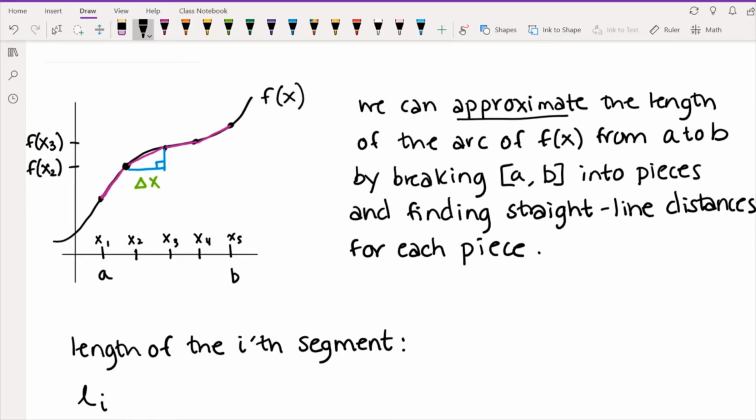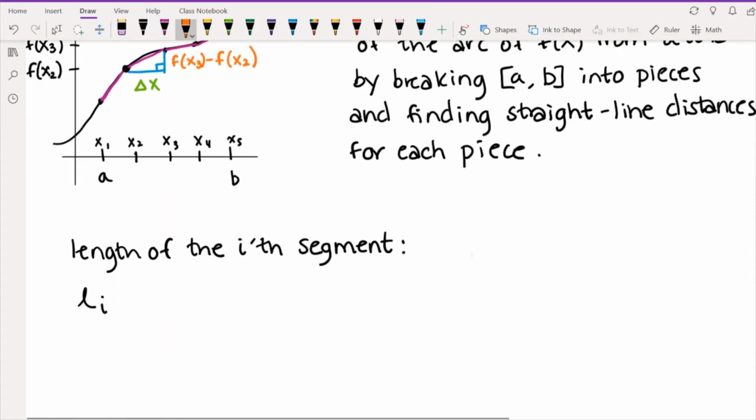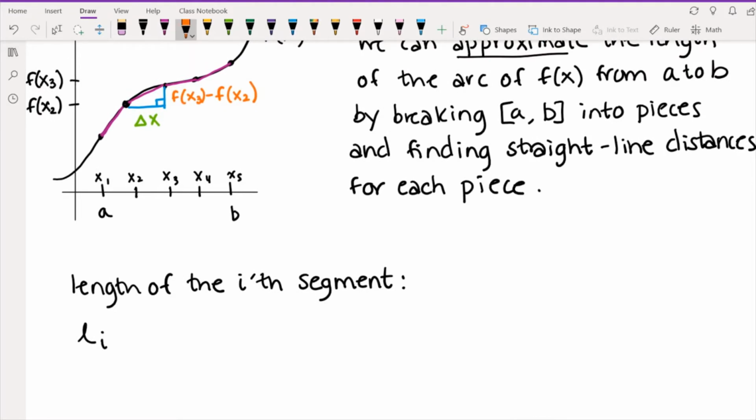So that means the vertical side of this triangle would be f of x3 minus f of x2, right? And how would we find the part we're actually looking for, the straight line distance between these two highlighted points? Well, we could just apply the Pythagorean theorem, which is basically the same thing as the distance formula.